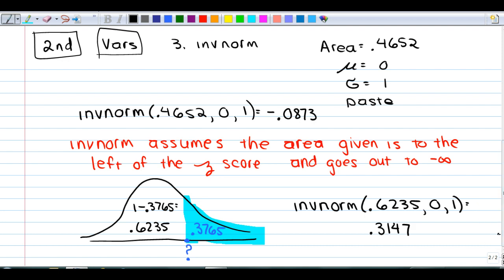Notice 0.3765 and 0.3147, they're kind of in the same format, and they're easy to confuse. This is a z-score, a horizontal axis value, something on the number line.